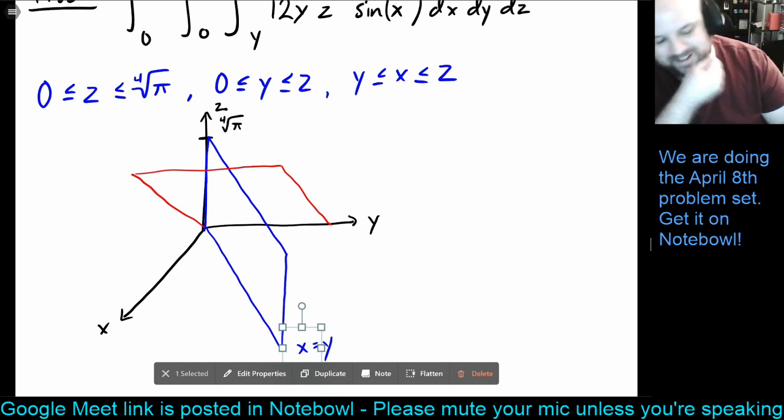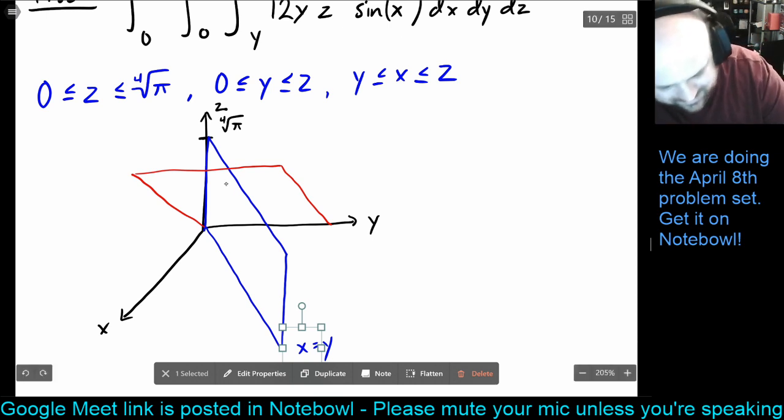Yeah, this is hard for me to draw. Right, so they're going to intersect on some line right here.